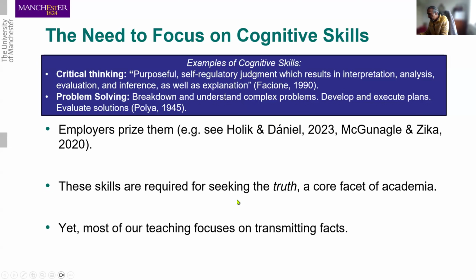But at the same time, I would argue, once again part of my perspective here, that most of our teaching really focuses on what things students need to know rather than skills that students should acquire. And so there's a difference in fundamental perspective there.